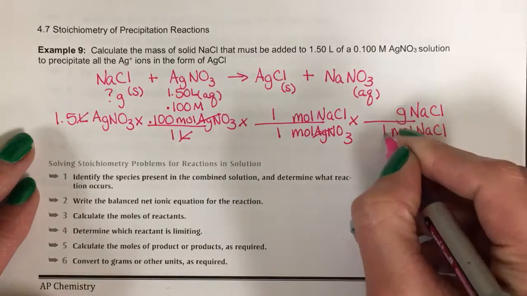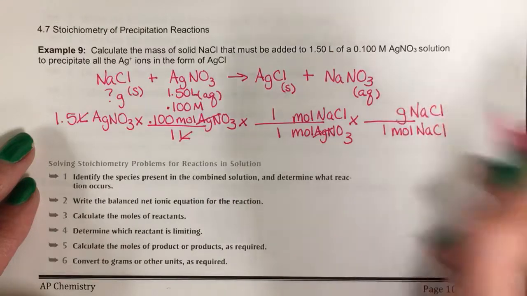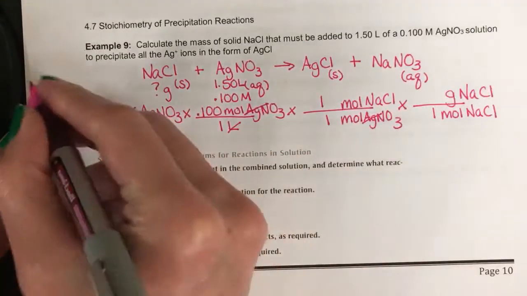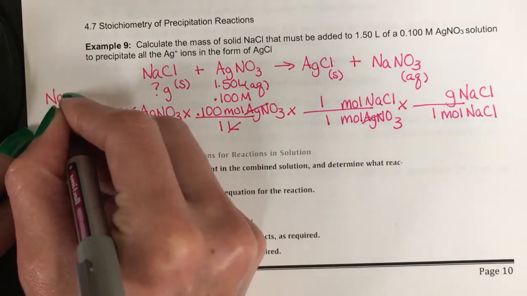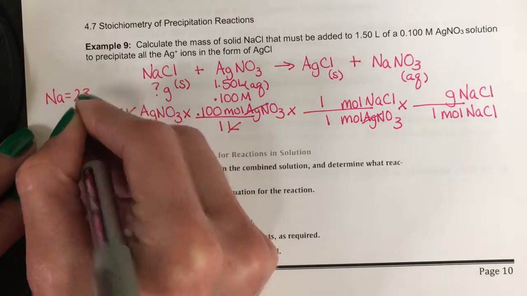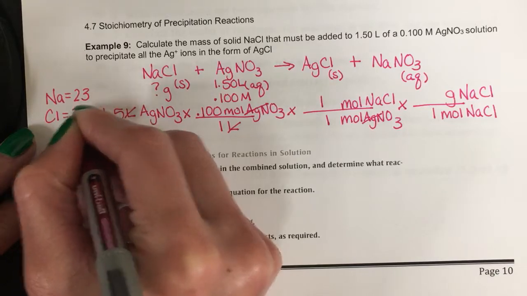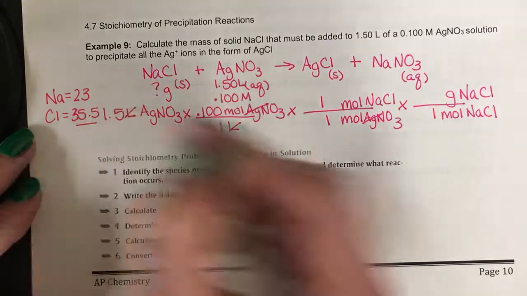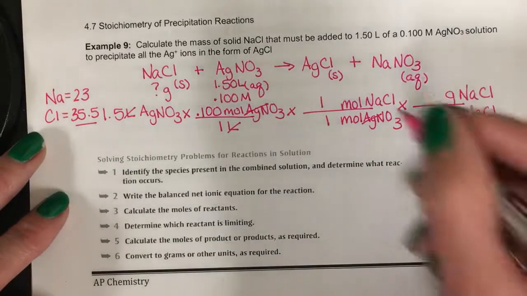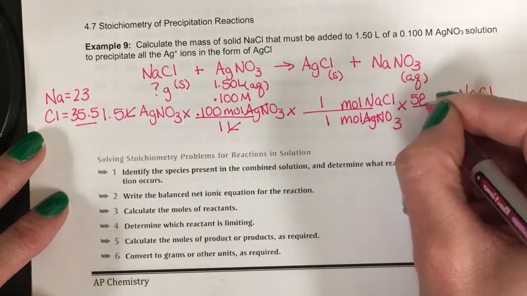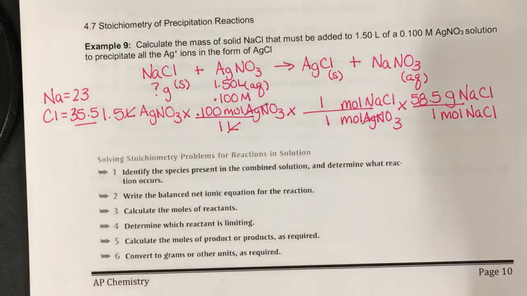Well, I know that 1 mole is always equal to the grams from the periodic table. If I look at the periodic table, Na weighs 23, Cl weighs 35.5. So the whole thing is going to weigh 58.5.